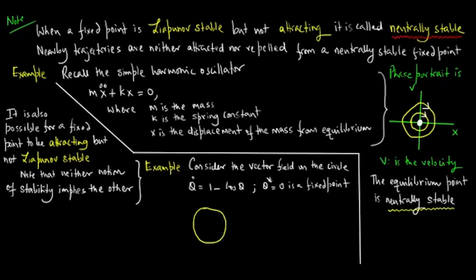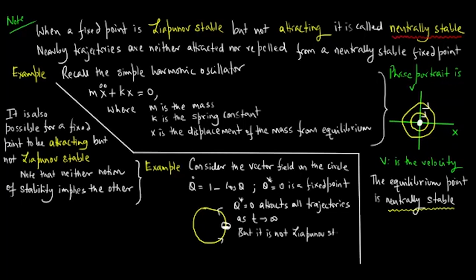So we plot the vector field, and so theta star is equal to 0 attracts all trajectories as t tends to infinity. But it is not Lyapunov stable.